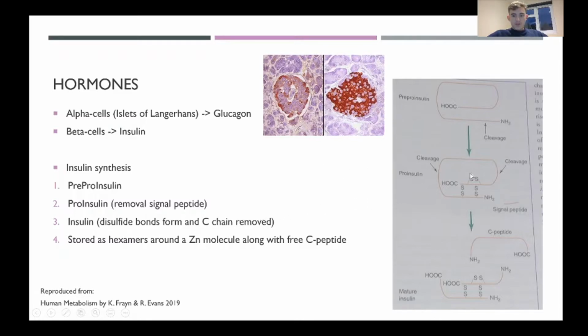Then we cleave this top bit here, and at the same time we can see these disulfide bonds forming a disulfide bridge in the molecule, and then when we cleave here in the proinsulin, we remove the C peptide, the C chain, and now we've got a mature molecule with our disulfide bonds. This insulin is then stored as hexamers around a zinc molecule, so I mean to eat our zinc. Along with it, the free C peptide will be there in those vesicles as well.